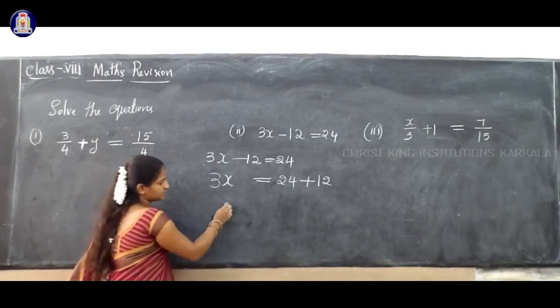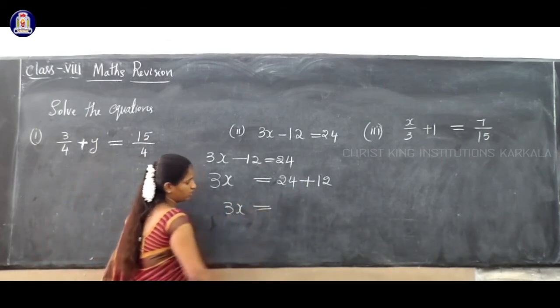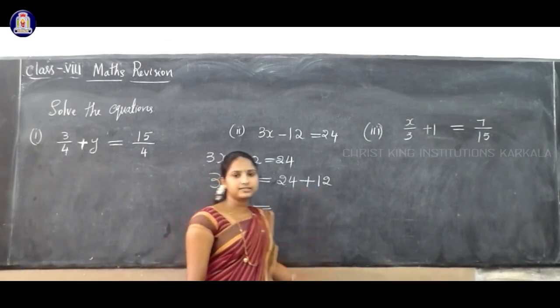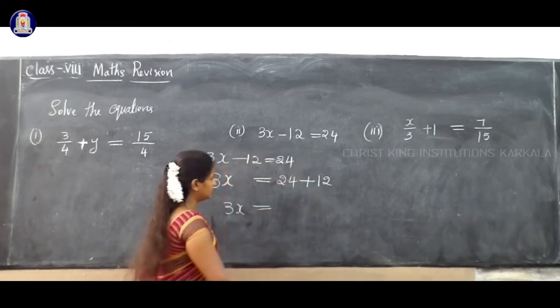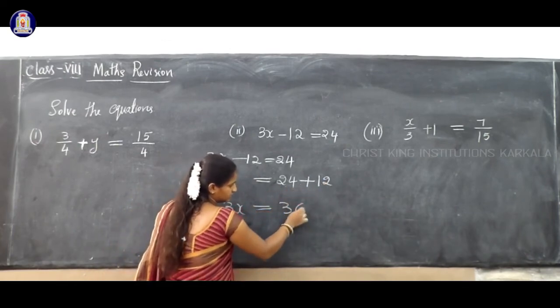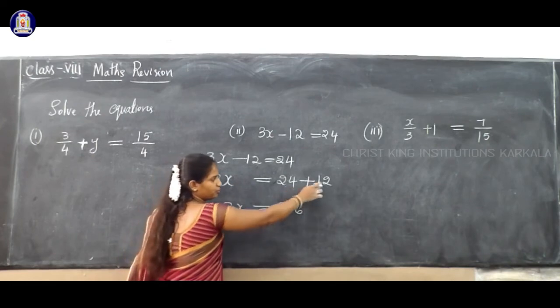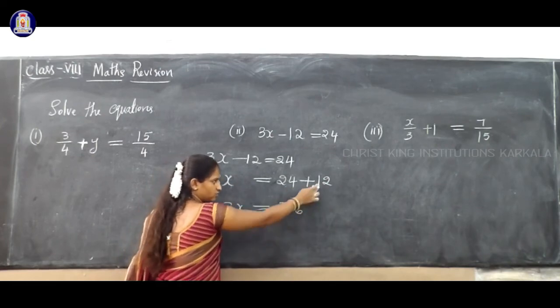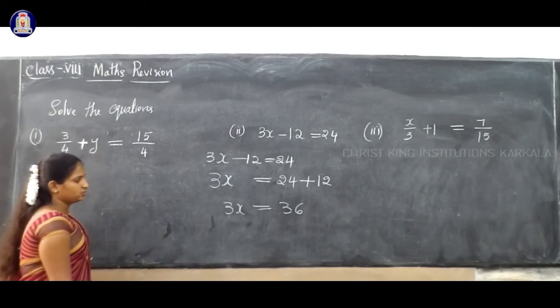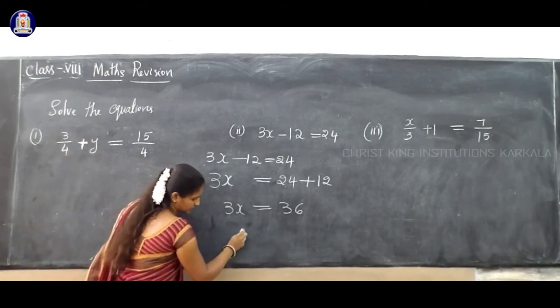Next step, 3x is equal to 24 plus 12. We can add 24 plus 12, that is 36. Is it correct? 2 plus 4, 6. 1 plus 2, 3. So the answer is 36. So 3x is equal to 36.